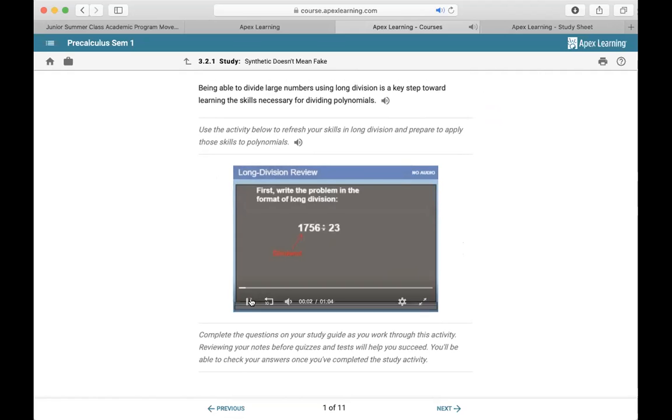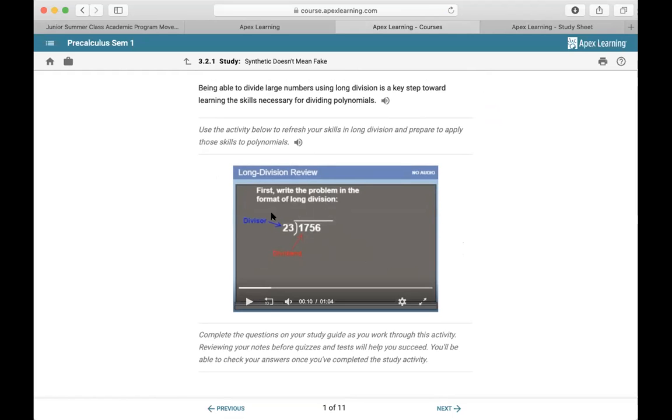All right, so if we have the problem here, it's 1756 divided by 23. Okay, so this is your dividend and this is your divisor, or the thing that you are going to divide by. All right, so then when you're writing it there, our formula looks like that, right?